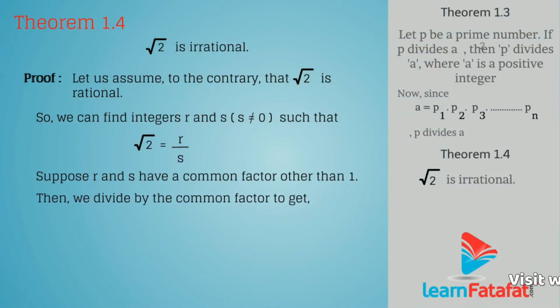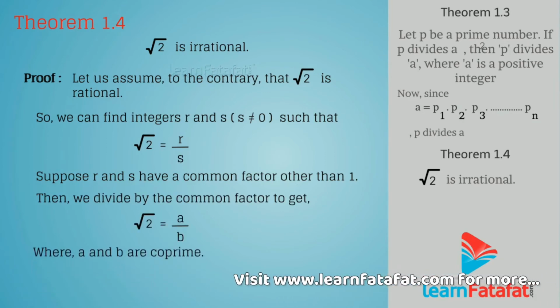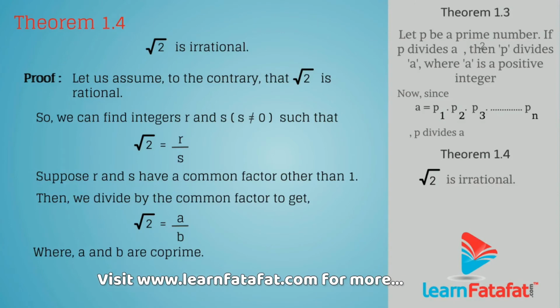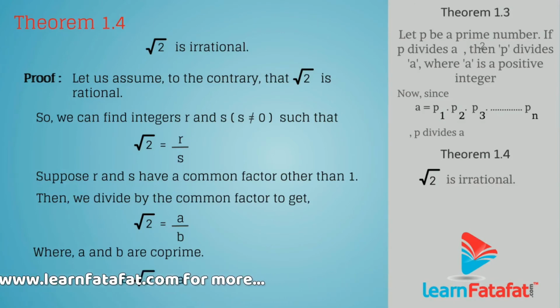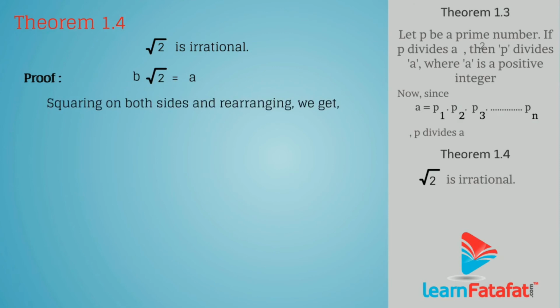Then we divide by the common factor to get root 2 is equal to a by b, where a and b are co-prime. So b into root 2 is equal to a. Squaring on both sides and rearranging, we get 2 into b squared is equal to a squared.